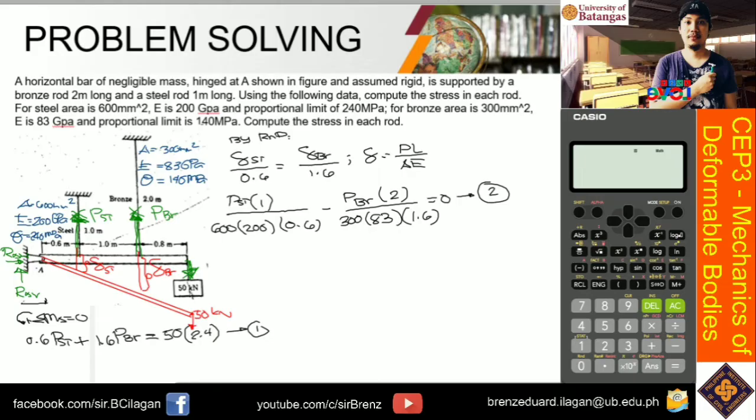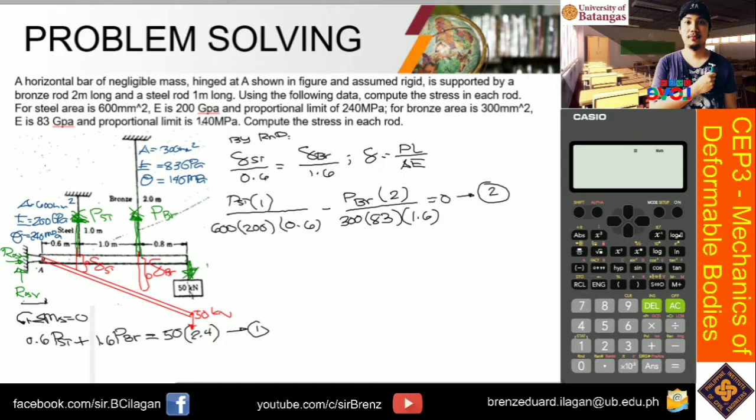So we have 0.6 plus 1.6 and then 50 times 2.4 and 1 divided by 600 divided by 200 divided by 0.6. Negative 2 divided by 300 divided by 83 divided by 1.6 and then 0.